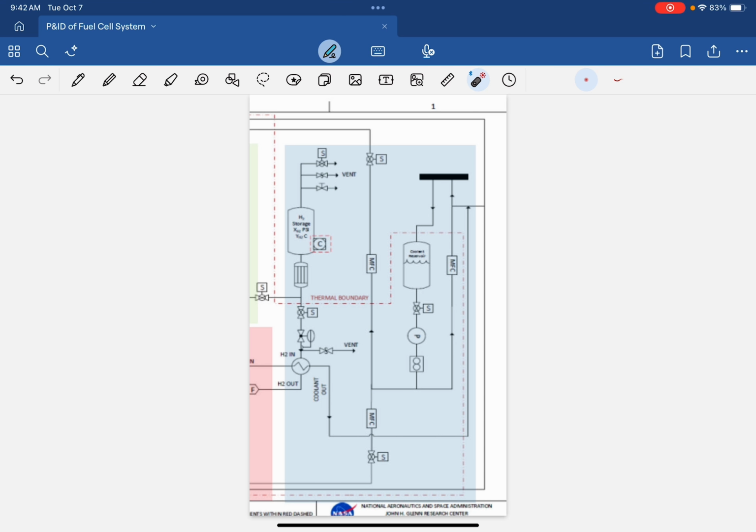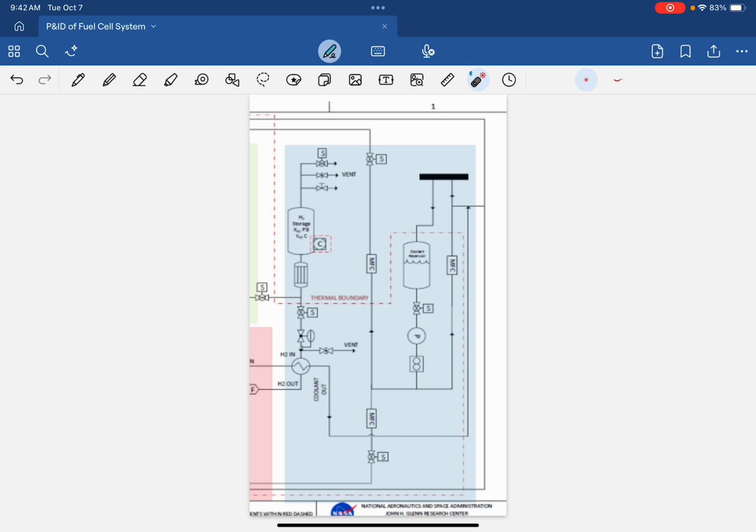We'll go back to this intersection right here. If the ball valve here is opened, the hydrogen flows to this portion, which is a forward pressure regulator, and this is used to maintain a minimum pressure level when heading downstream. If the pressure of the hydrogen is too high, it might be hard to handle, so this is used to regulate it.